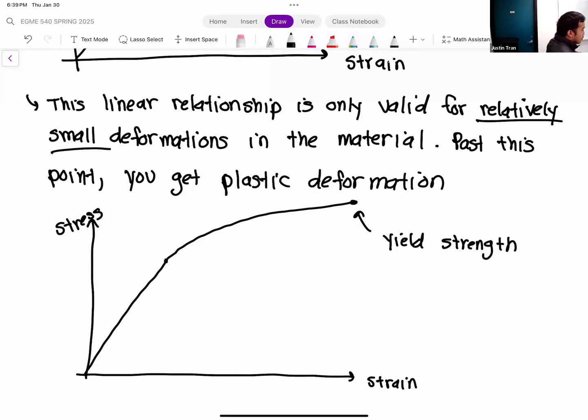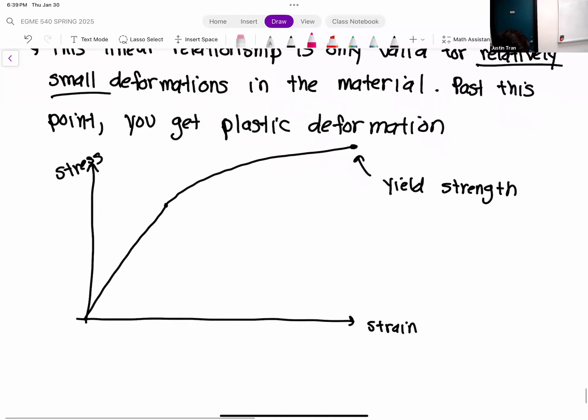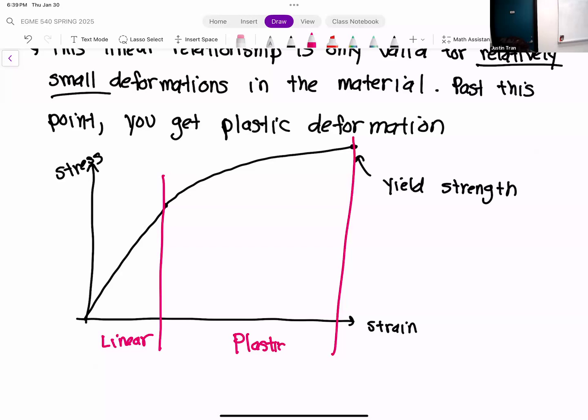And then once you reach the yield strength, you just have material failure. That's not how all materials behave. Material science is actually quite complicated, and we're going to talk about more complex material models in this class. But for a very simple linear isotropic material, like most metals are, this is the type of behavior you can expect, okay?